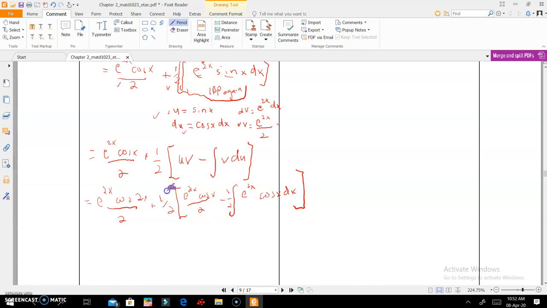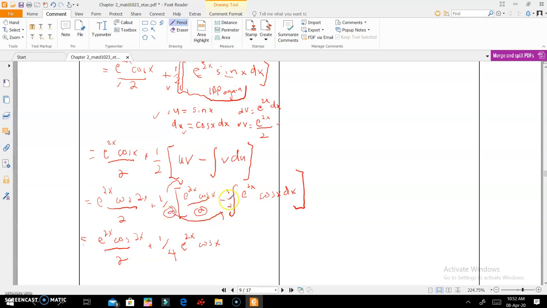So now let us open the bracket, but before that you need to multiply this part and also this part together. So here you are going to get equals to exponent 2x cos 2x over 2. 1 over 2 multiply with 2 here, you are going to get plus 1 over 4 exponent 2x cos x.